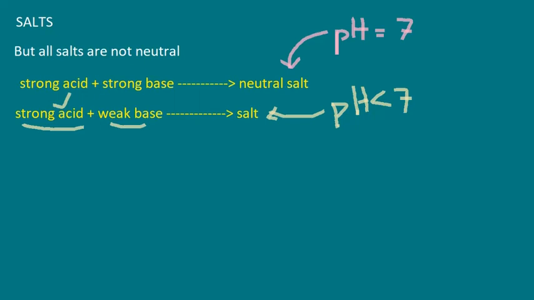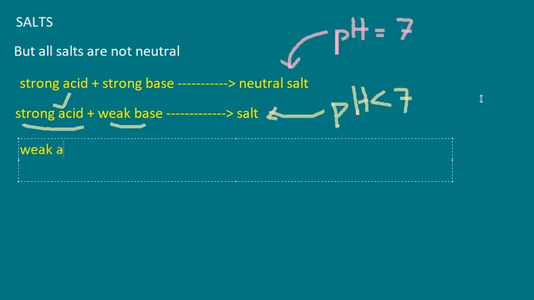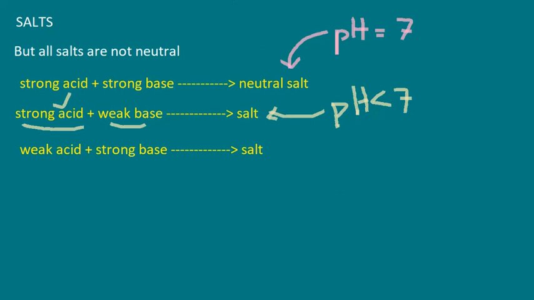On the other hand, if we are performing a reaction of a weak acid with a strong base, then also we get salt and water, but this salt has a pH value of more than 7.